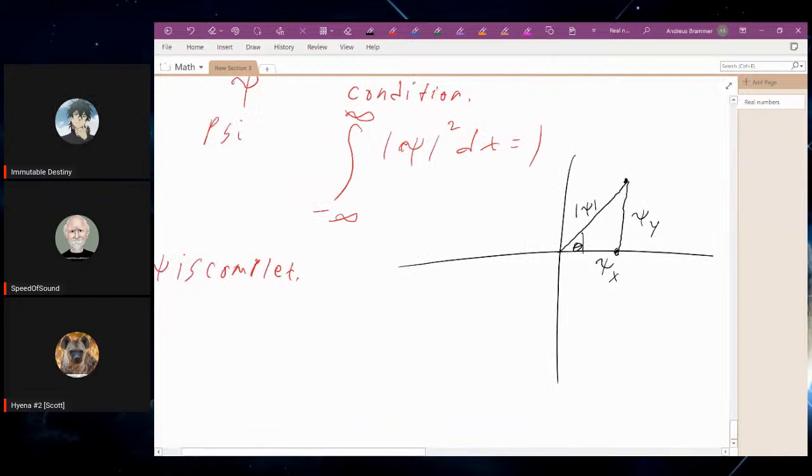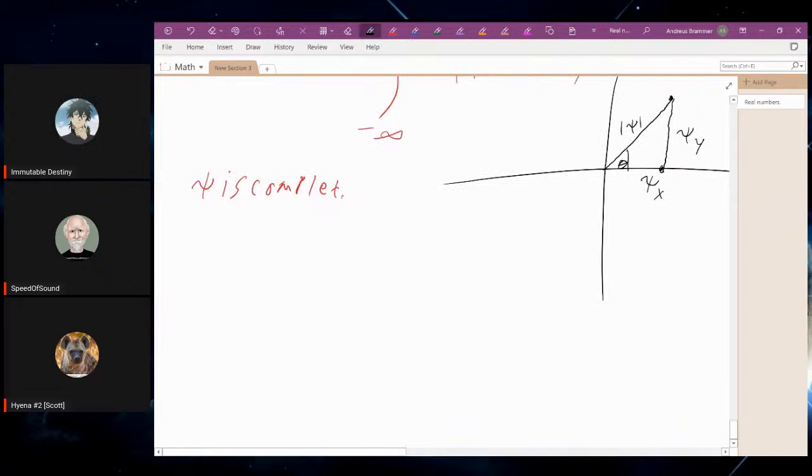And this vertical symbol reads the norm of something. So when we put something inside of this, we're asking for the norm of it.